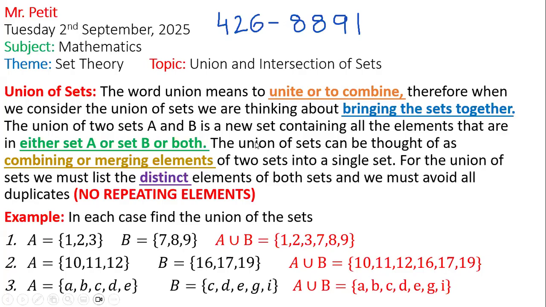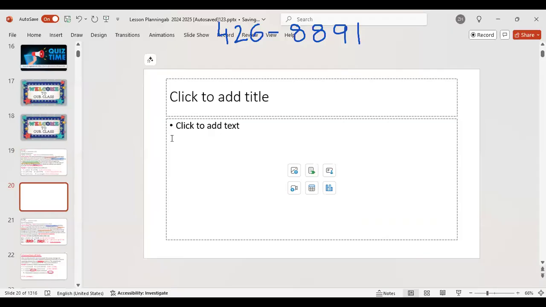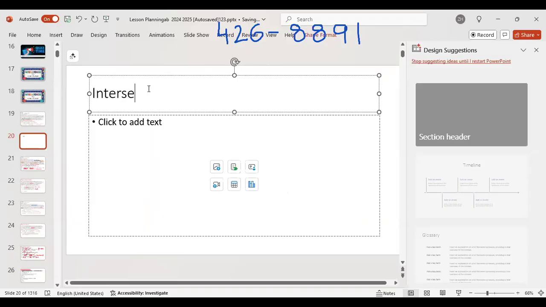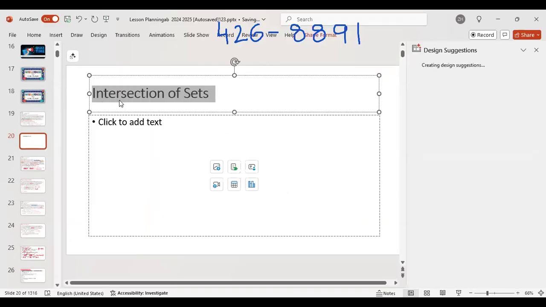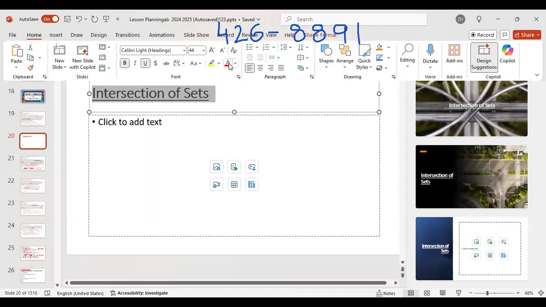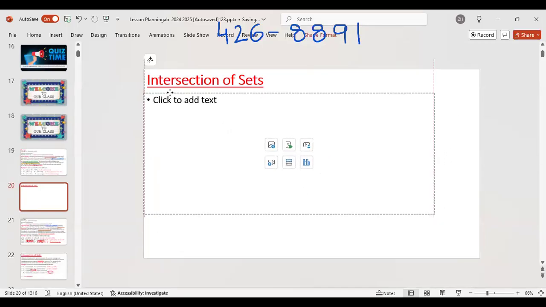We did the union, so now we're going to be dealing with the intersection. Now we're going to be looking at the intersection of sets.